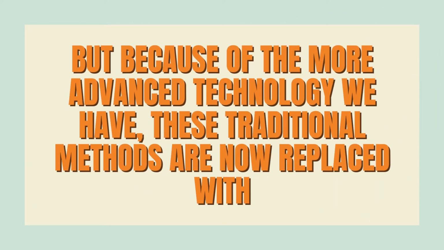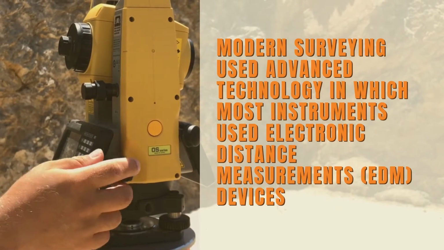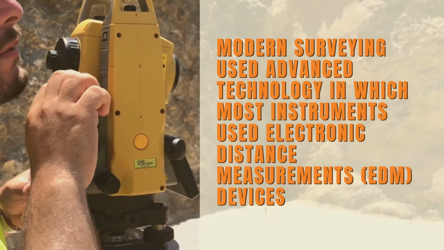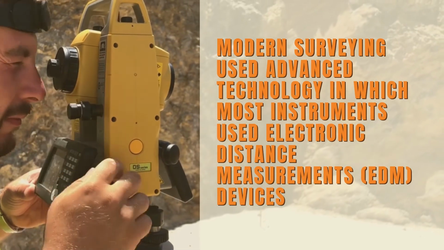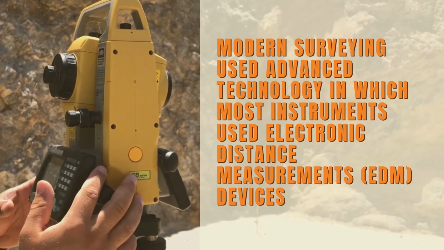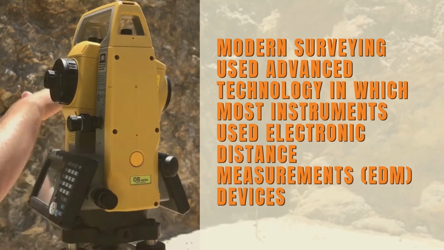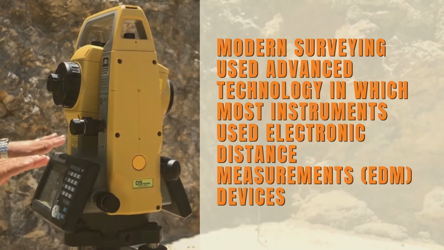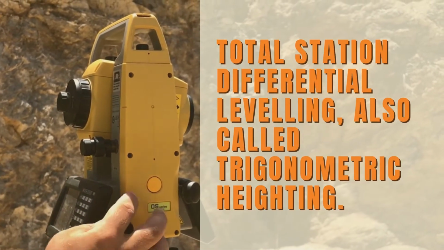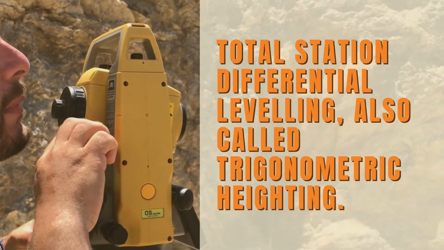But because of the more advanced technology we have, these traditional methods are now replaced with modern surveying, in which most of the instruments used are electronic distance measurement (EDM) devices, such as total stations, to measure vertical and horizontal distances.